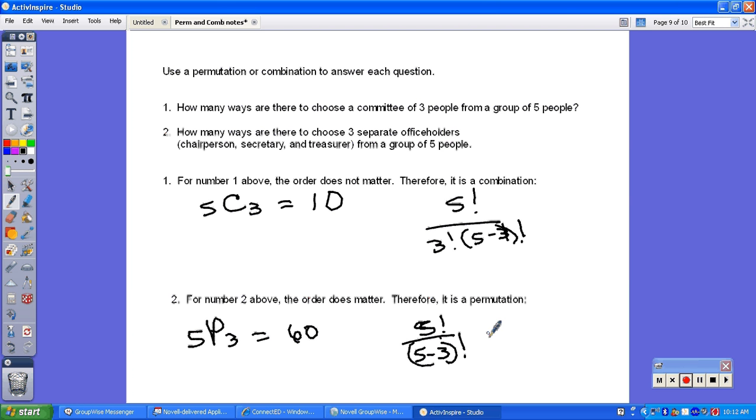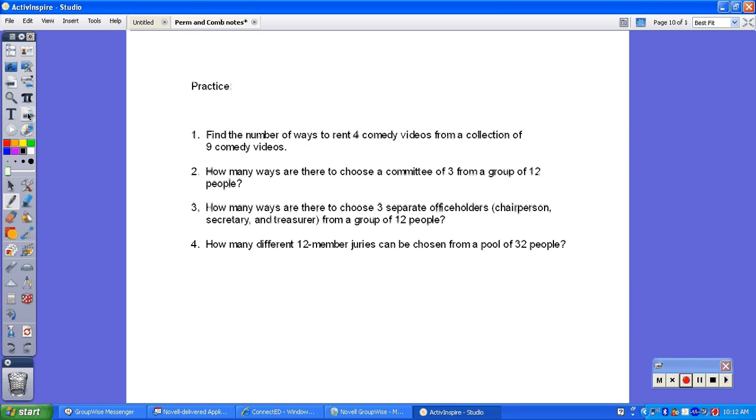So that gives you an example of how to kind of determine whether the order matters or not. So we're going to go to the last slide, and this is just practice. So what you need to do is determine what they are first, and then you can just plug them in. And so we're going to read through this.